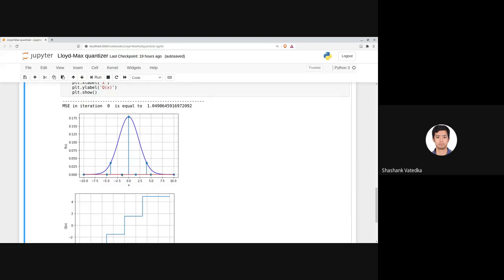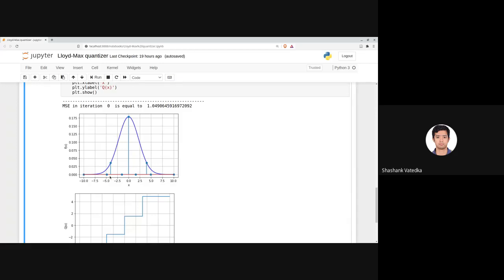These are the xi hats, and the thresholds are going to be this and this and this. As long as x lies in this particular interval, it is going to get mapped to this particular point. If it lies in this interval, it gets mapped to this particular point. If it lies in this interval, it gets mapped to this particular point.